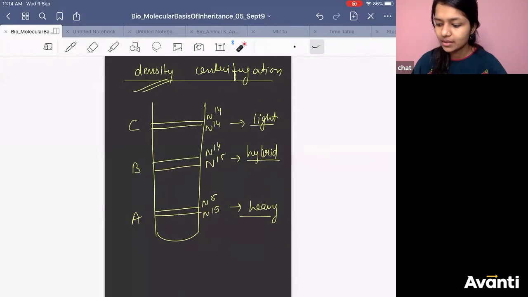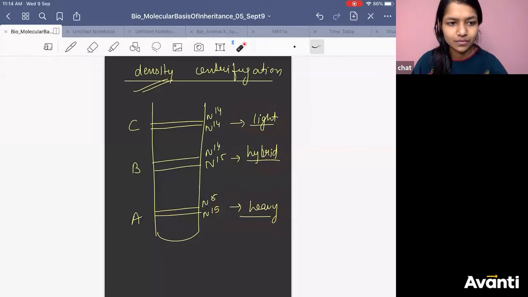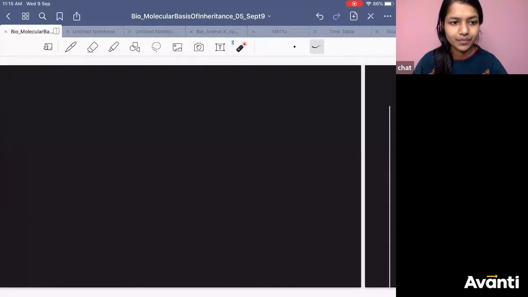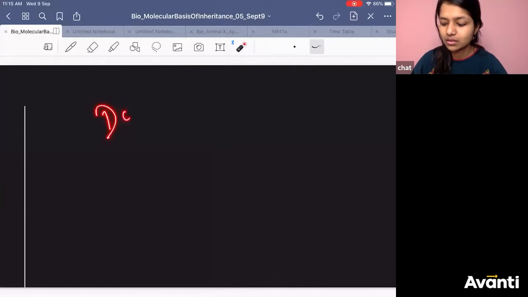Got it? Yes, so heavy will come down, hybrid will come in the middle, and light will come at the top. Got it? Any doubt? We have recalled it, we have revised it also once again. Okay? Cool? If there is any doubt, speak up, this is for the doubt section.